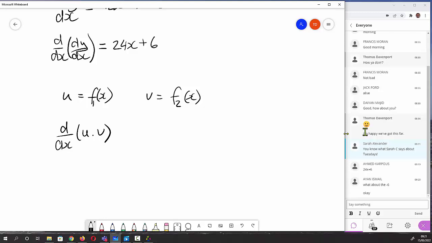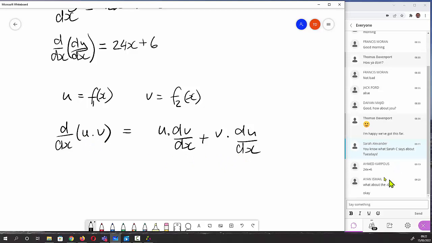Something like this is called a product, and we're now doing something called the product rule, and the differential of this is u times dv by dx plus v times du by dx. Okay, so that's a product, and that is the product rule. So u and v is a product, and this is how you calculate the product.